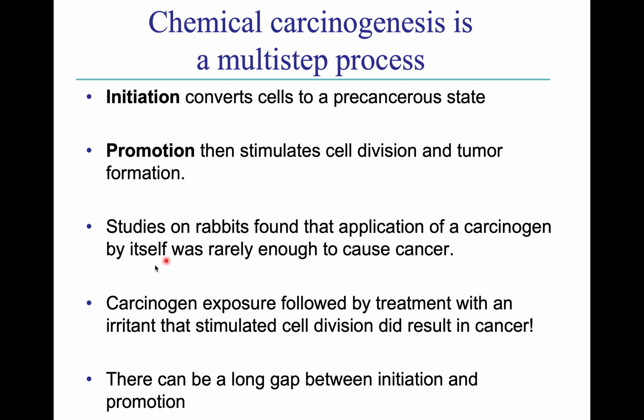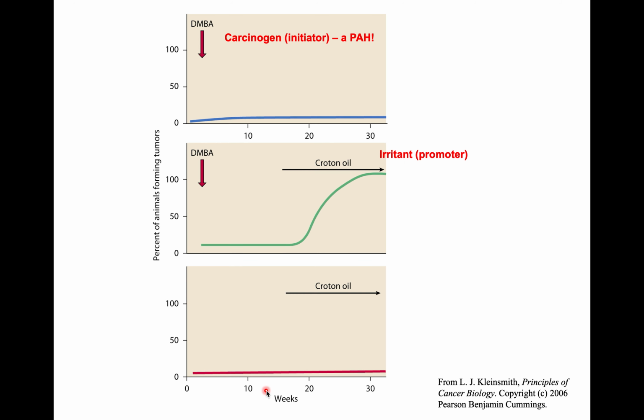And also keep in mind, there could be a long gap in terms of time between the initiation event, the mutation, and this promotion event, just depending on the particular situation. But here's some of the data from these animal studies. So on the y-axis, you've got the percent of animals with cancer, basically forming tumors, and then you've got time on the x-axis.